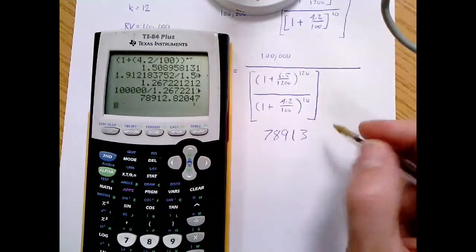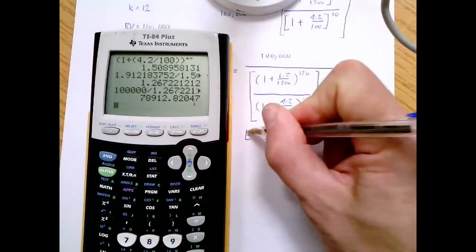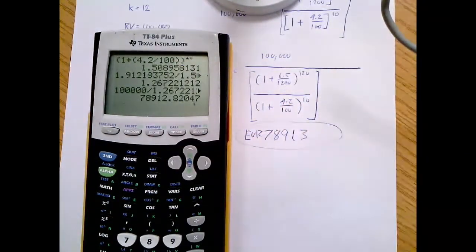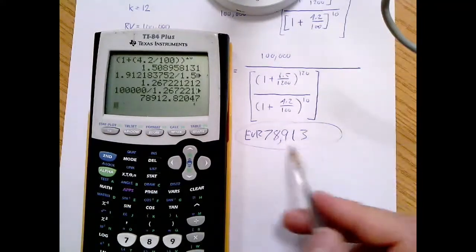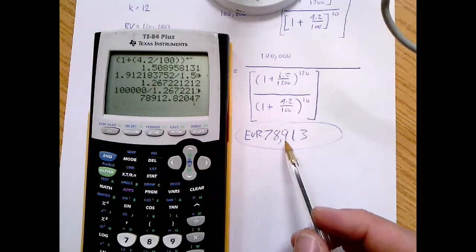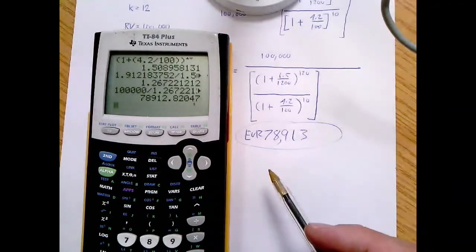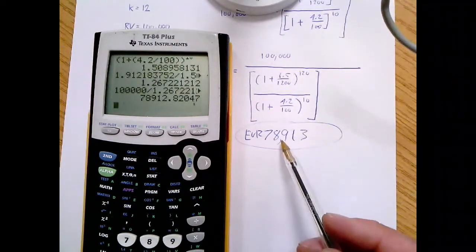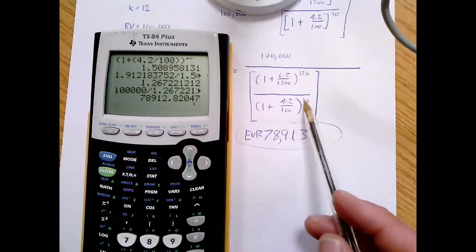There you go. And I think it's euros, yeah, euros. So there you go, 78,913 euros. That's what our value would need to be if we wanted to grow in 10 years to be 100,000 euros, okay? And that is the real value after compensating for inflation.